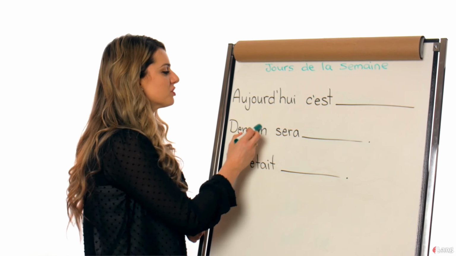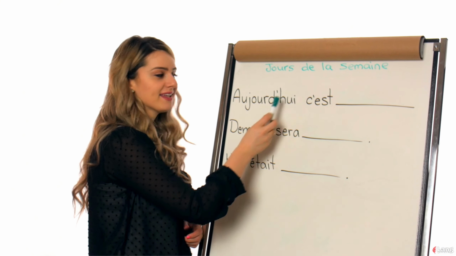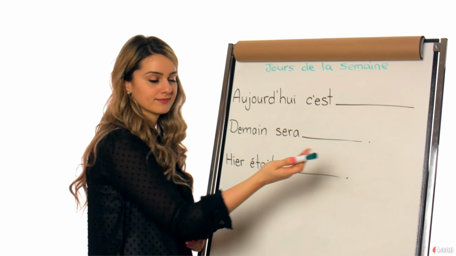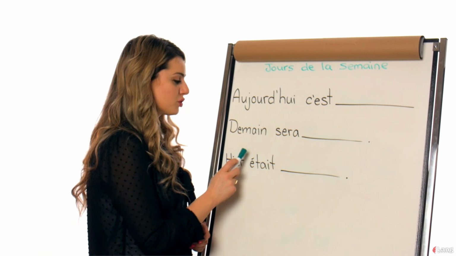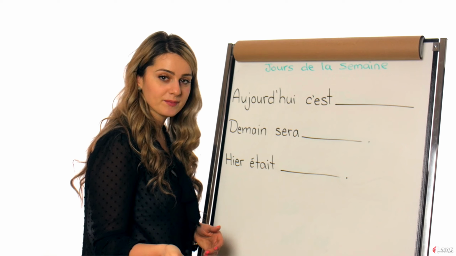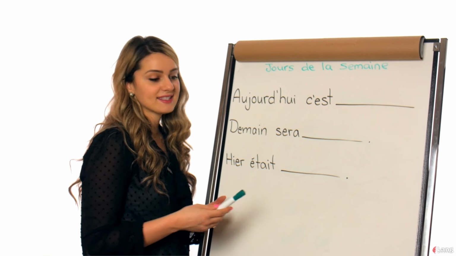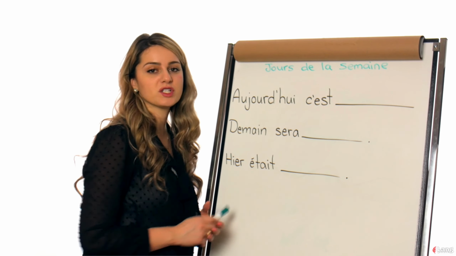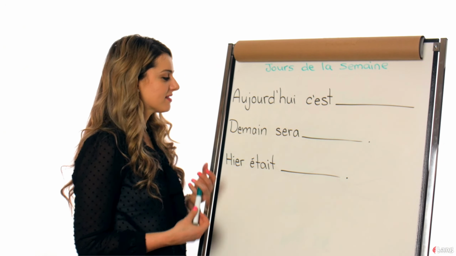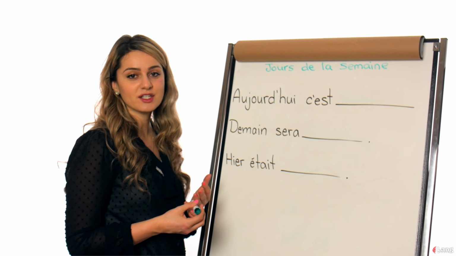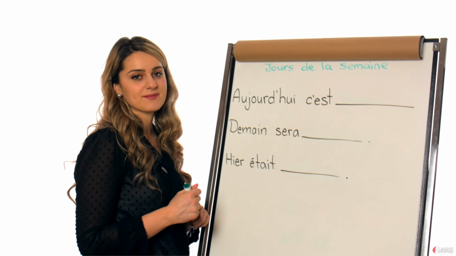So I have aujourd'hui c'est, which means today it's, demain sera, which means tomorrow will be. Then I have hier était, which means yesterday was. So I use these words because we can easily use them with the days of the week in our sentences.